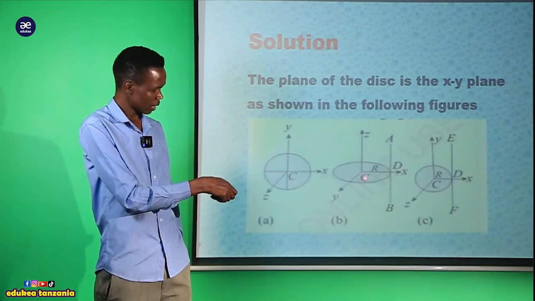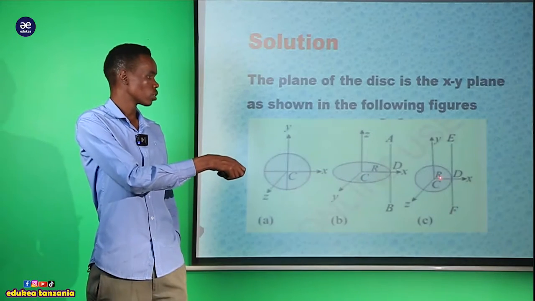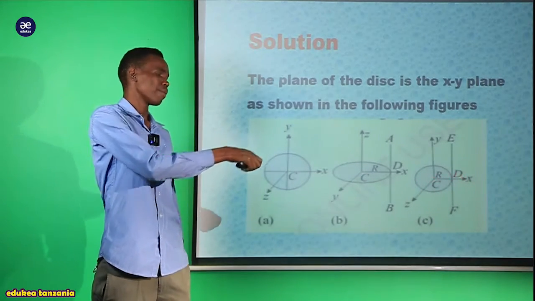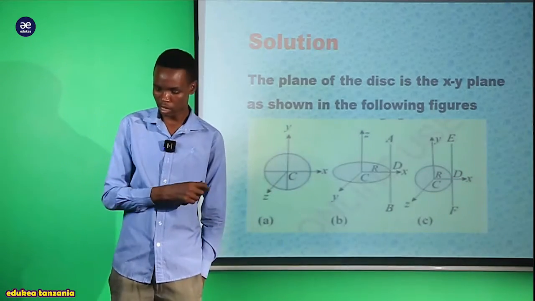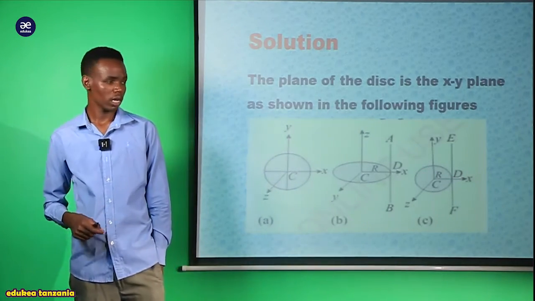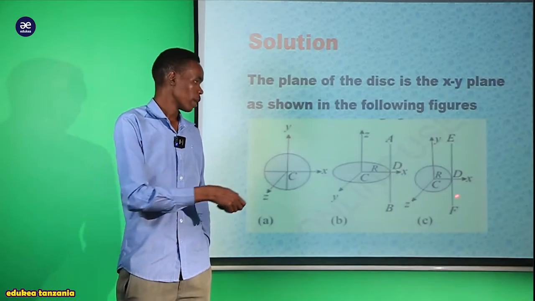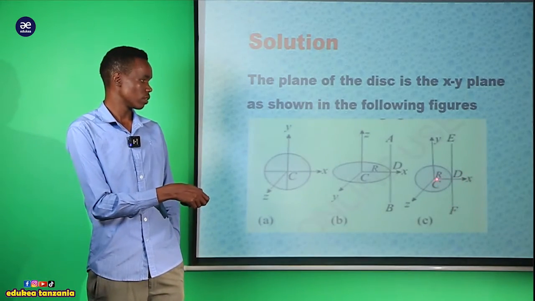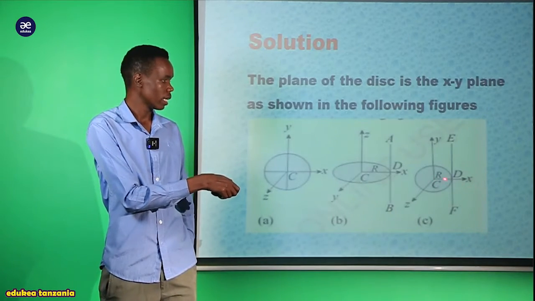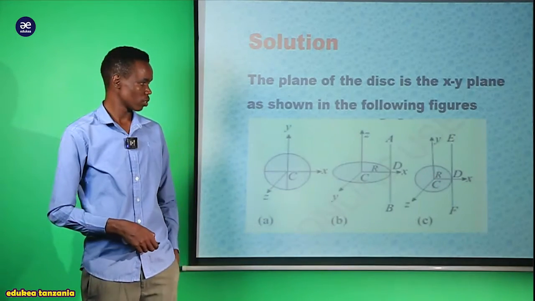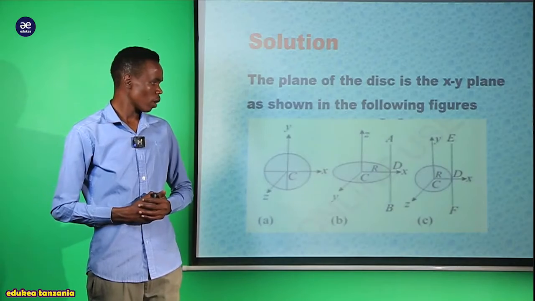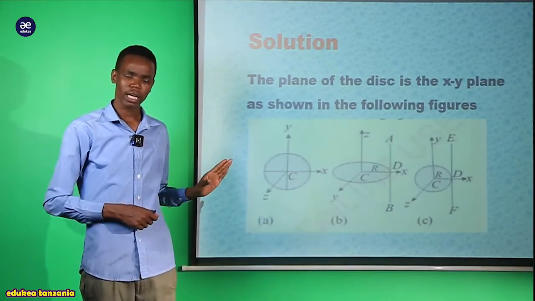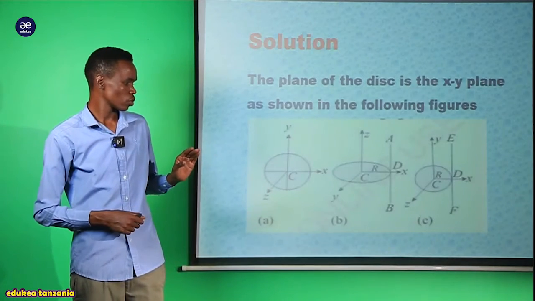But we have the center similar to this one, and also we have the radius, which is the distance from the center up to the parallel axis, as we try to observe here. This D is any point of the circle, and the distance from C up to D is represented by R, my dear students.